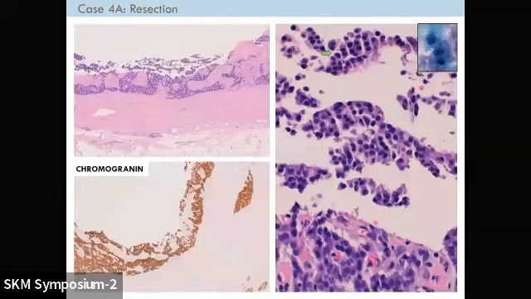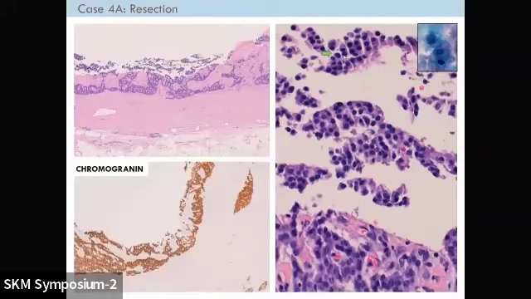And this is the resection specimen that we received, which clearly shows a very nice neuroendocrine neoplasm that has undergone cystic change. You can see the cyst wall over here, and on high power, you can see that these neuroendocrine cells are exfoliating from the cyst wall into the cyst fluid, and their nuclear morphology is different from the cells that are within the wall.